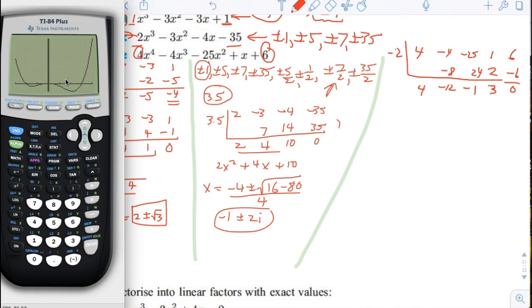Okay, something was weird. So I'm left with 4x cubed minus 12x minus 1 plus 3.